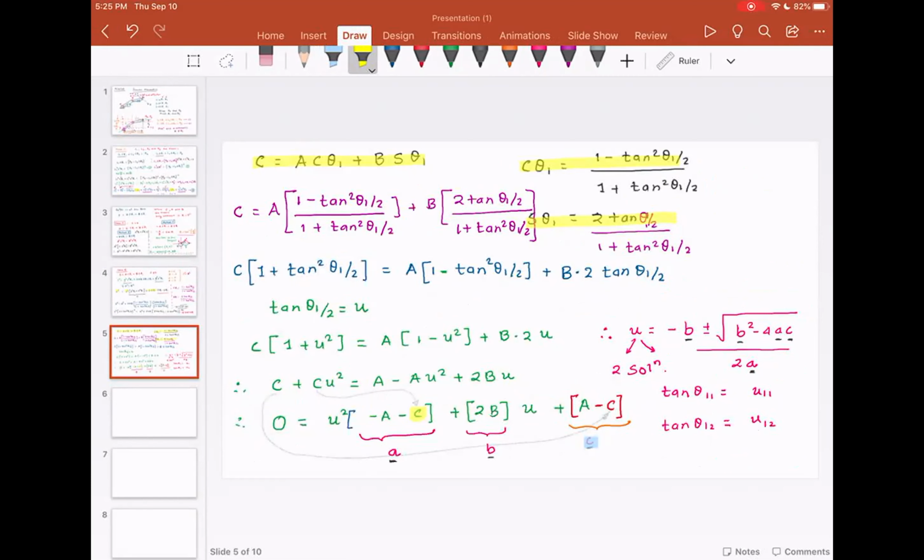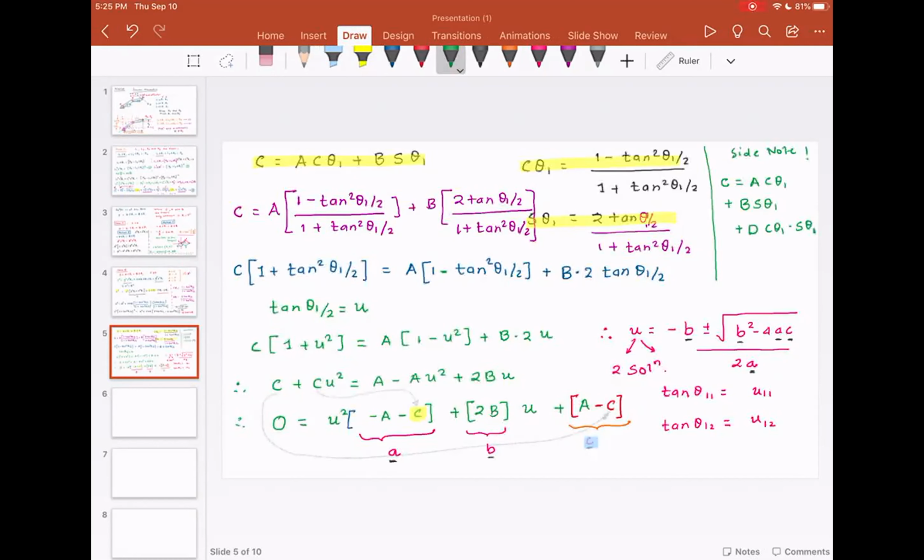But I need to give you a side note, and please remember it. Sometimes you will have an equation of the form C equals A cosine theta 1 plus B sine theta 1 plus D cosine theta 1 multiplied by sine theta 1.